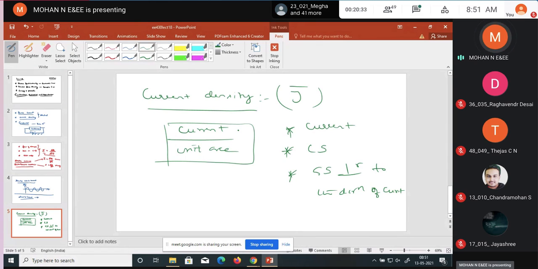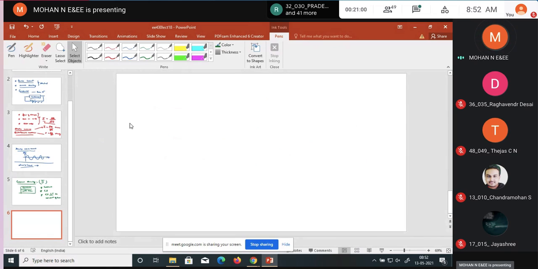By now we should be able to say that current density is nothing but current per unit area, and that unit area has to be normal to the direction of the current. That means selecting a cross section such that the current is flowing perpendicular to that area. Just see this cross section of the conductor, for example.